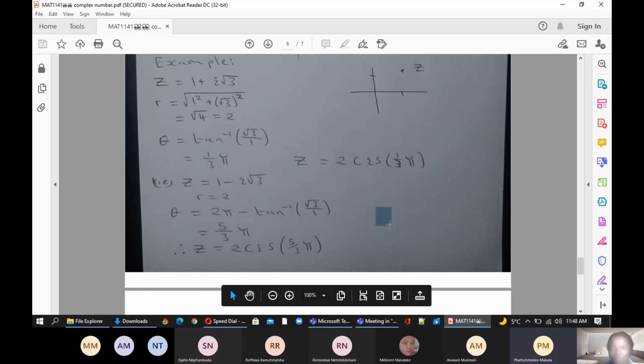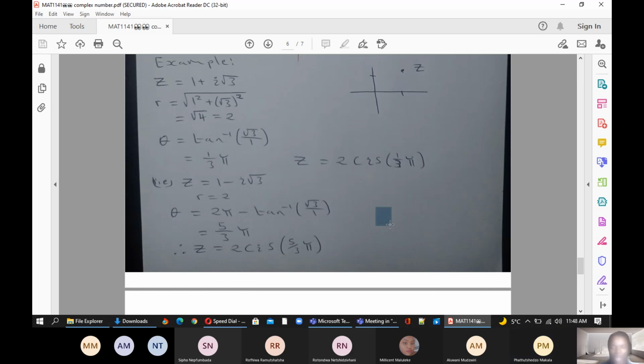Any question? Now, after finding r and theta, you substitute them back into the original form, which says z is equal to r cis theta. Any question, guys?